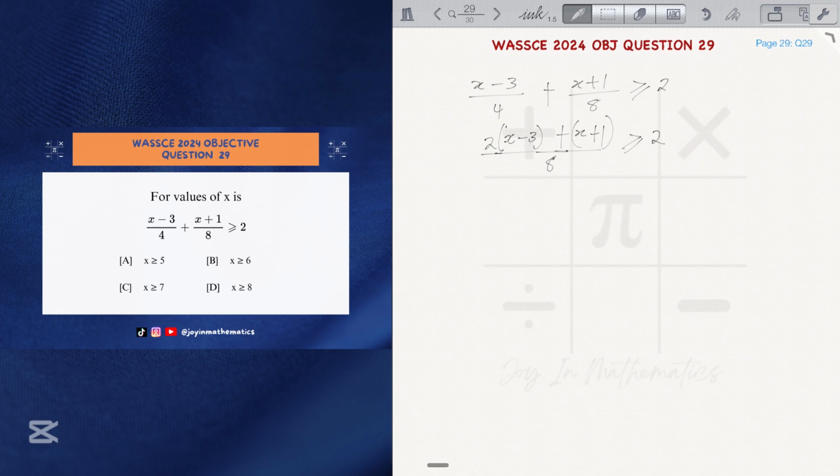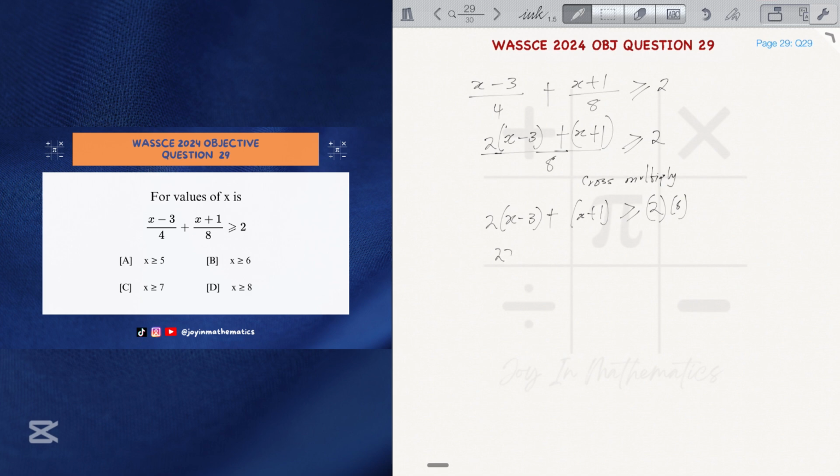So we can simplify the numerator now, or we cross multiply first. If we cross multiply, we'll have 2 into x minus 3 plus x plus 1 to be greater than or equal to 2 multiplied by 8. With that, we can simplify both sides by opening the bracket.